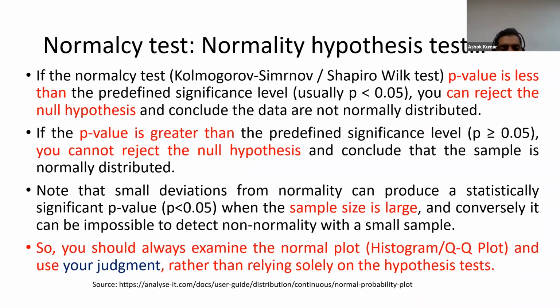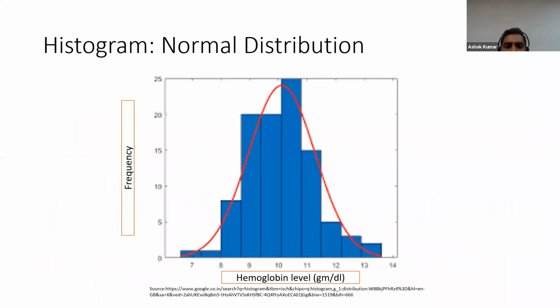Conversely, it can be impossible to detect non-normality with a small sample size. So we should always examine the normal plot also, like a histogram or QQ plot, and use our researcher judgment rather than relying solely on hypothesis testing. So we have to remember this.